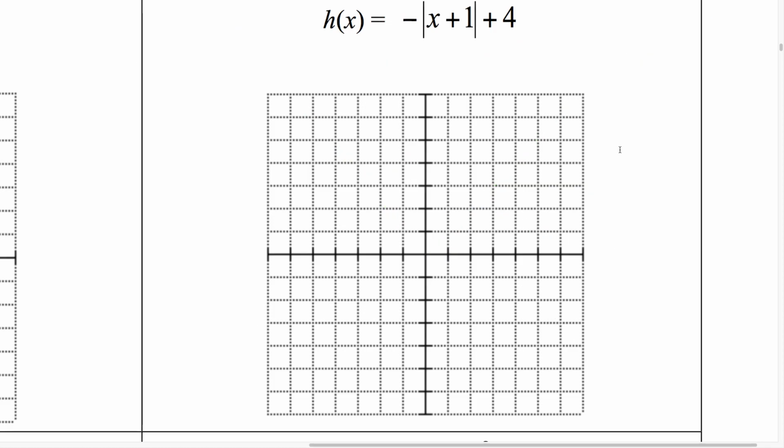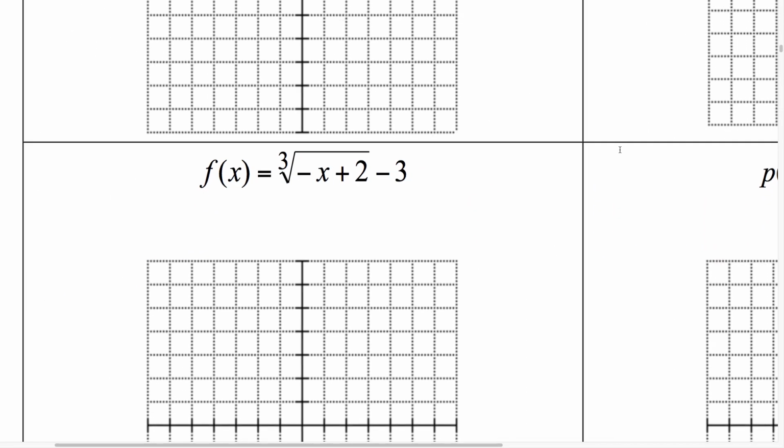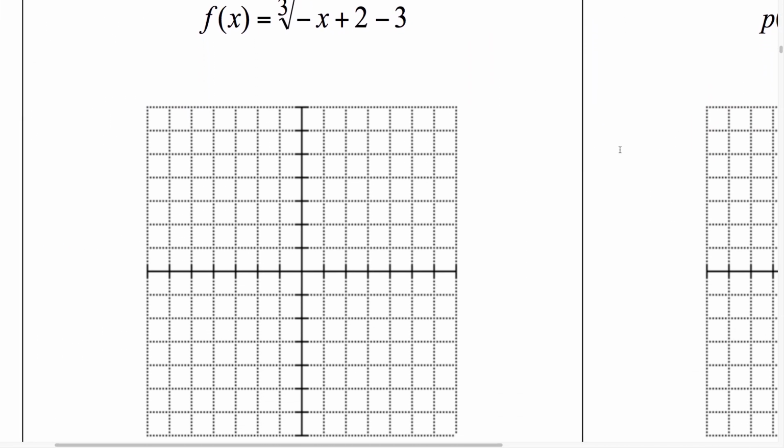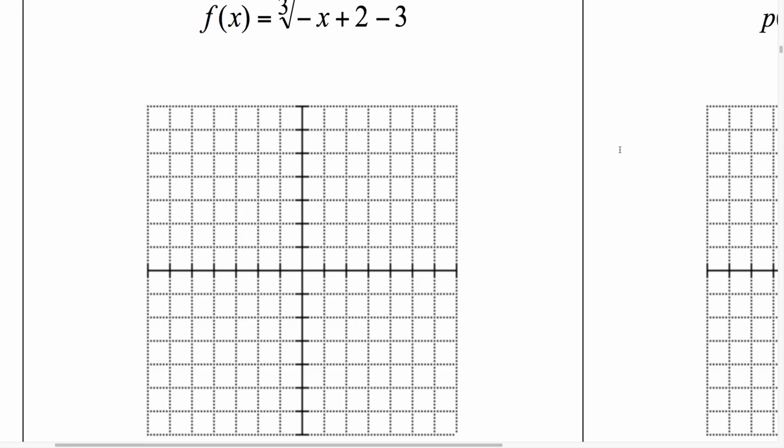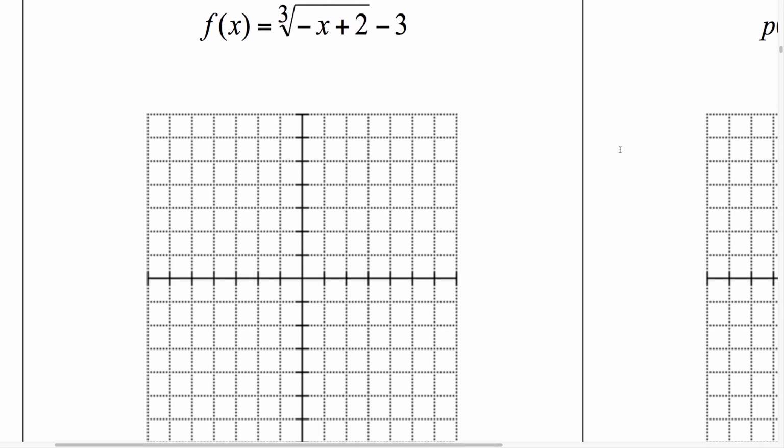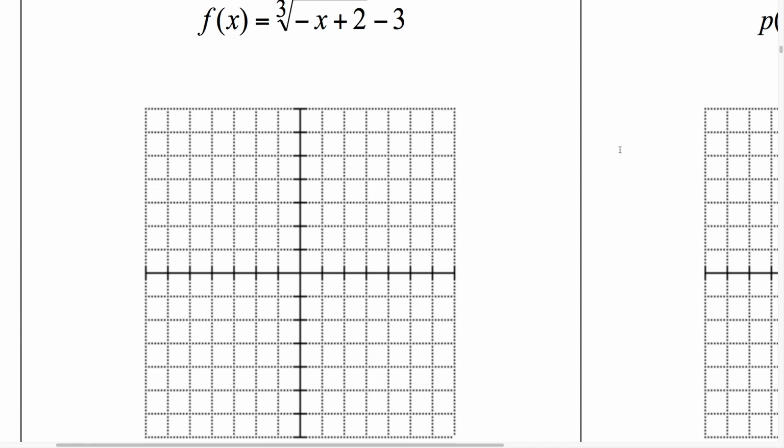All right, go. You guys knew how to do the other two. Let's quickly run through those. I don't want to spend too much more time on this. On f of x, remember that we're going to get rid of the negative. So let's just talk it through. What were the transformations for f of x? What'd you guys get? Down 3, I agree.